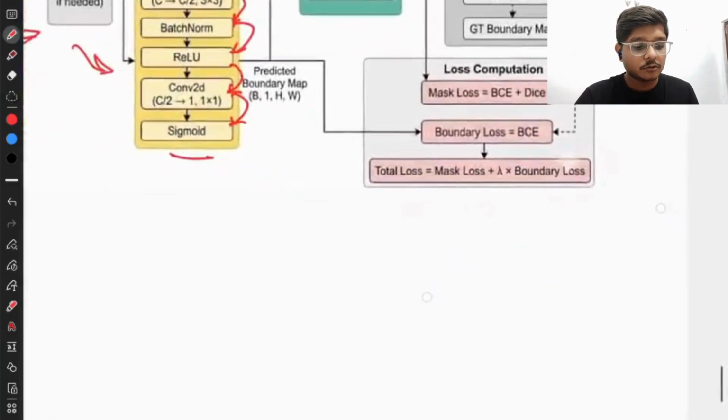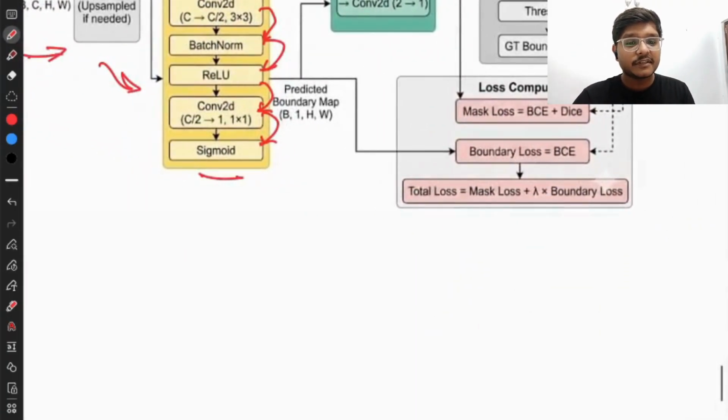Then talking about the loss computation, to train this effectively, we implement a multitask loss function. Our total loss is the combination of both mask loss and boundary loss. By combining the standard mask loss with a new boundary loss, we force the network to not just classify pixels, but to precisely delineate where an object ends and the background begins.